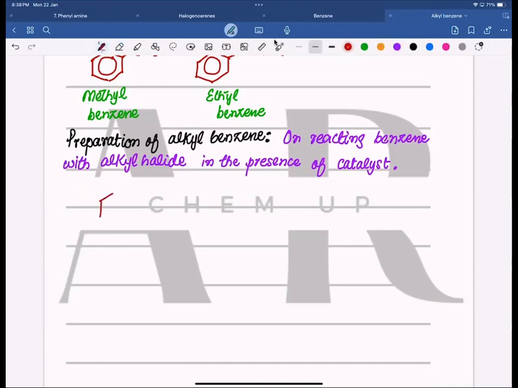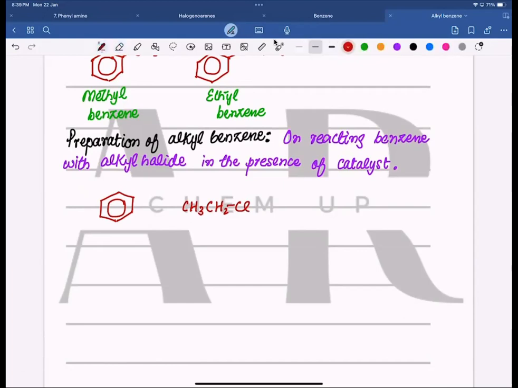So here we have benzene, and for example, if I have to make ethyl benzene, I will react it with chloroethane.